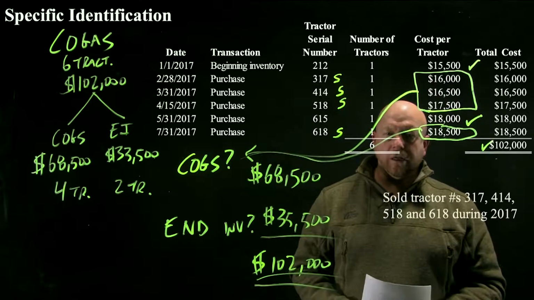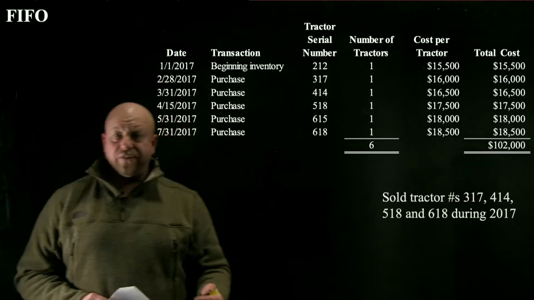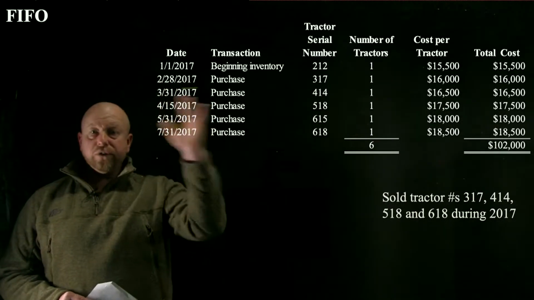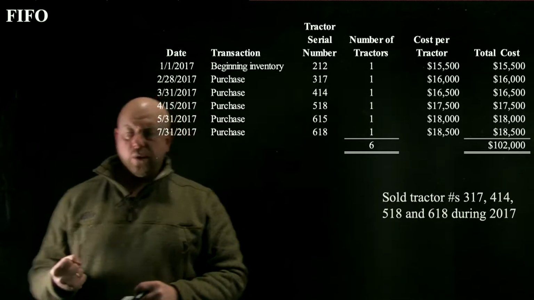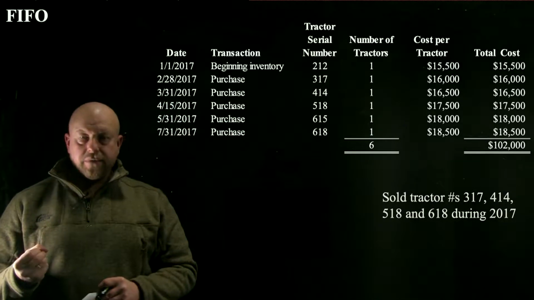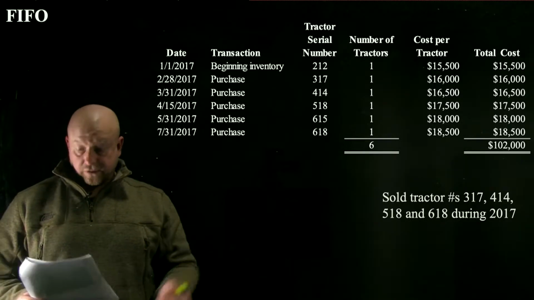So let's take a look at another one of those methods. One of those alternatives to specific identification is FIFO, first in, first out. Now, this is a cost flow assumption. It doesn't mean that that is the exact order that we sold the particular assets, okay?